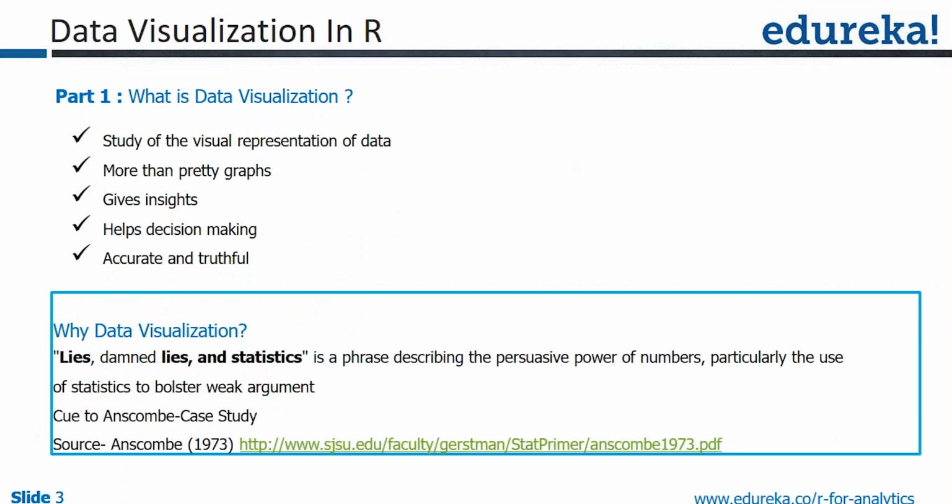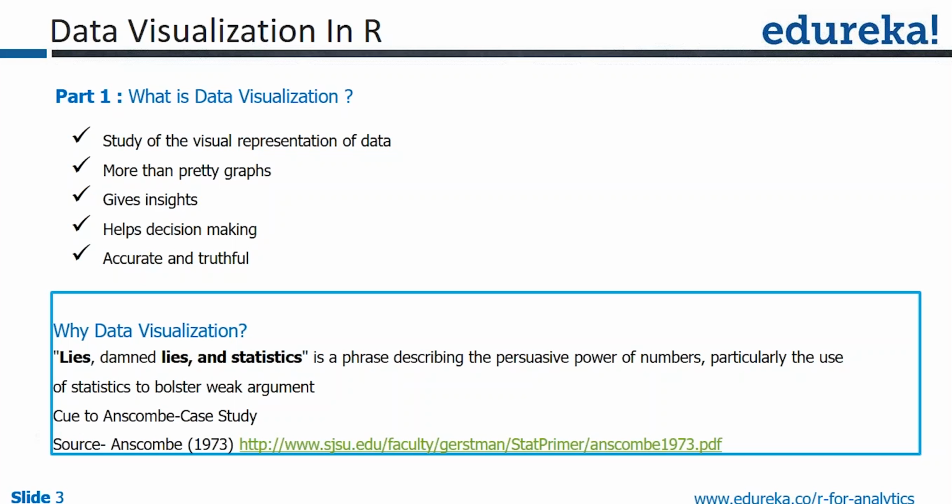What is data visualization? Data visualization is all about representing the data which humanly you cannot view and make sense out of, right? It's not always about focusing on the aesthetics of your visualization. You're trying to tell a story.